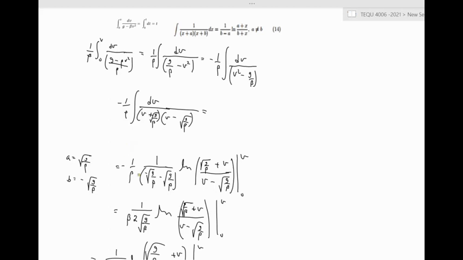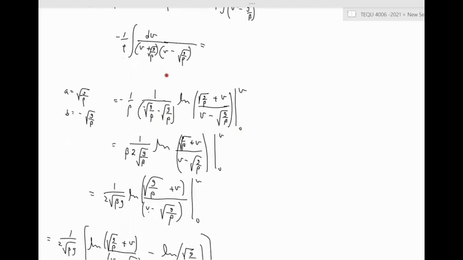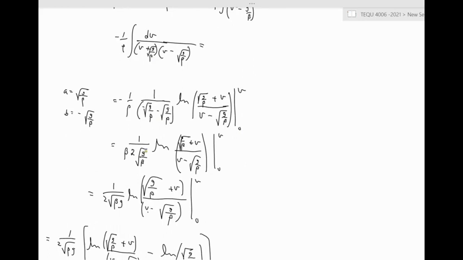Now, this has to be evaluated between 0 and v. Remember that at time 0, the velocity of the ball is 0. You are dropping the ball. If you keep integrating this, I'm just showing you the result here. So that's all this times the logarithm of this part here, between 0 and v.